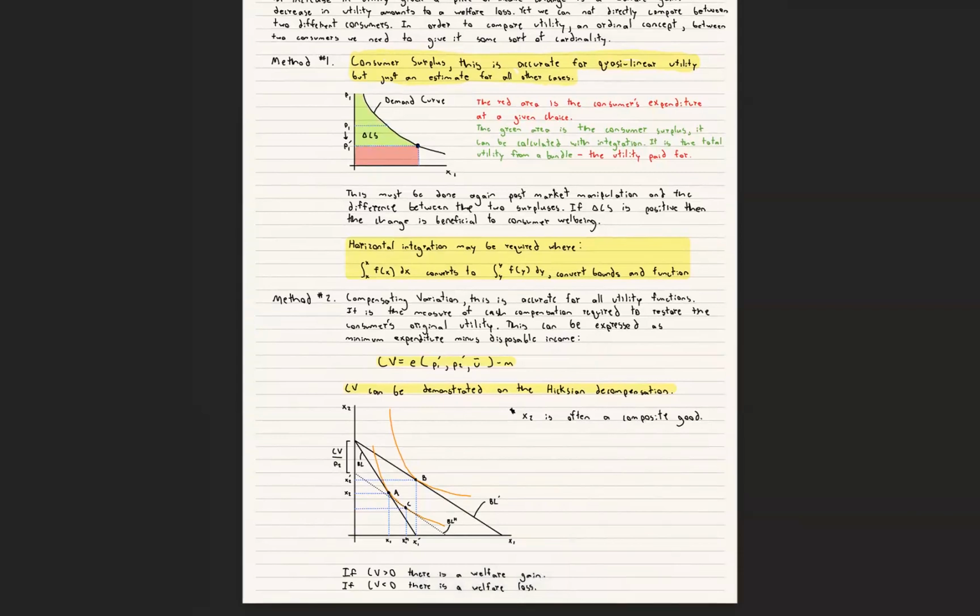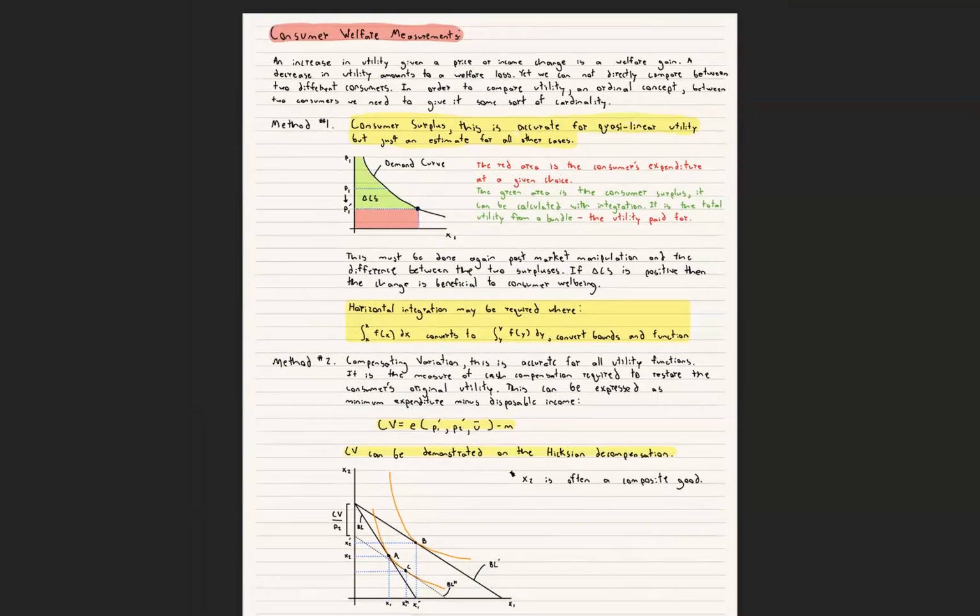And the second method is looking at compensating variation. This is going to be accurate for all utility functions, not just quasi-linear. It is a measure of cash compensation required to restore the consumer's original utility. This can be expressed as a minimum expenditure minus your disposable income. So we have the formula there for compensating variation, and compensating variation can be demonstrated on the Hicksian decomposition.